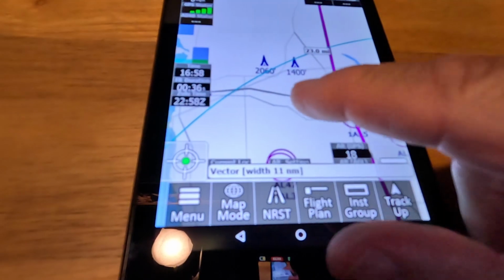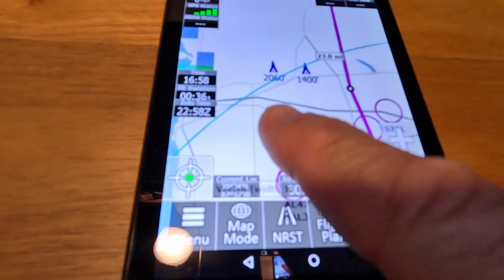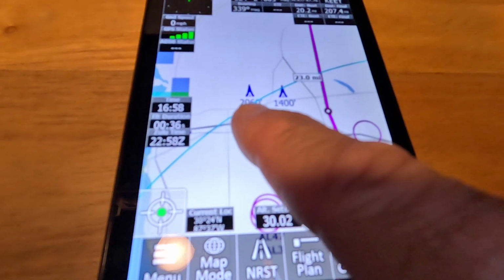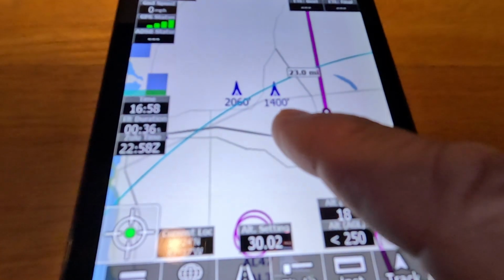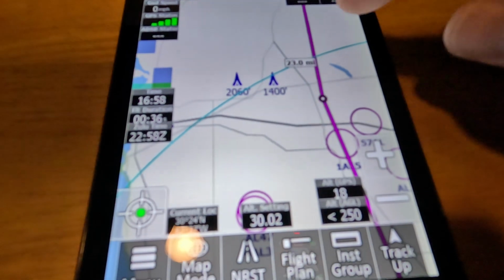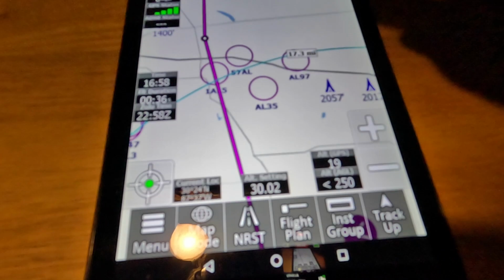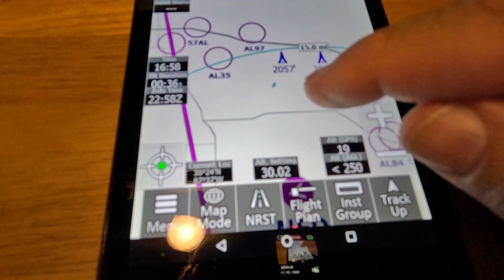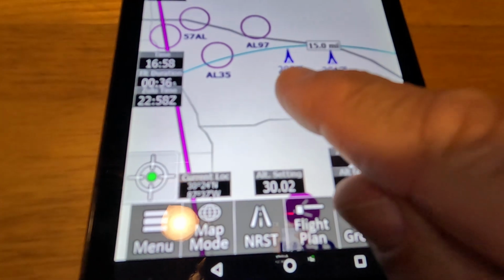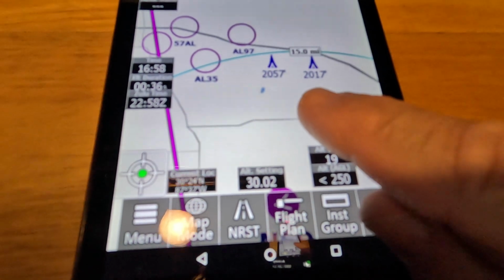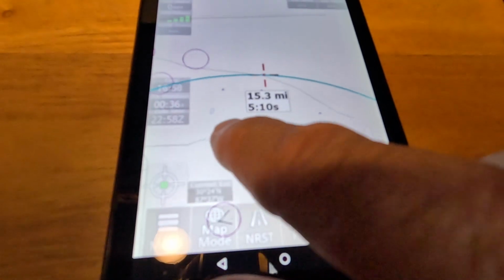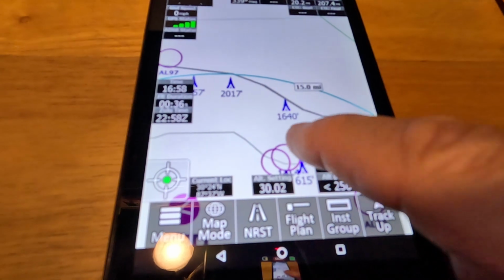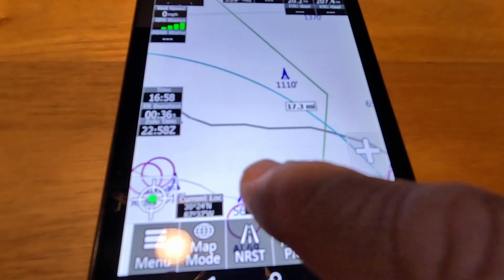Look at that. That one's 2,060 feet above sea level. This one is 1,400 feet above sea level. And if you come over to these 2, that one's 2,057 feet. And this one's 2,017. Now, just over this way, there's one that's 1,640.